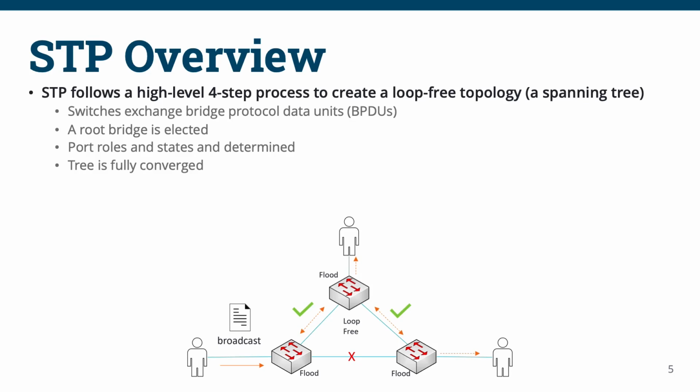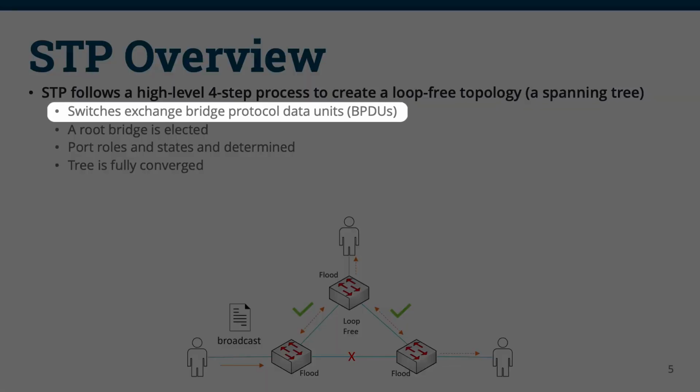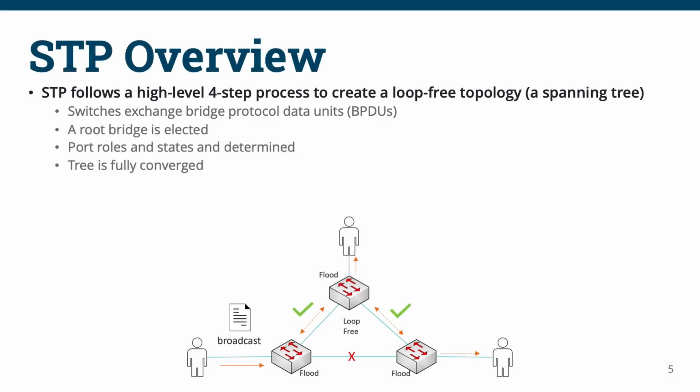To create a loop-free switching topology, at a high level, STP performs a four-step process. First, all switches in the network exchange Bridge Protocol Data Units, or BPDUs, which include information about what priority each switch has in reference to the root bridge, and the sum of costs of all links on the shortest path to the root bridge.